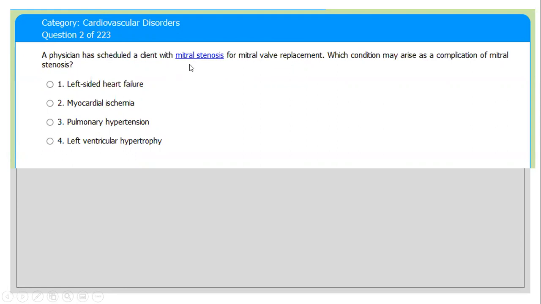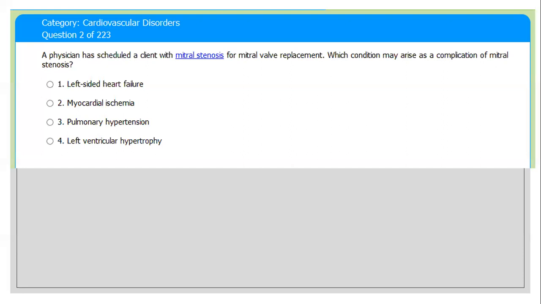My patient has mitral stenosis and needs surgical mitral valve replacement because of it. What is mitral stenosis, or mitral valve stenosis? An easy way to say it: narrowing of the mitral valve in the heart.